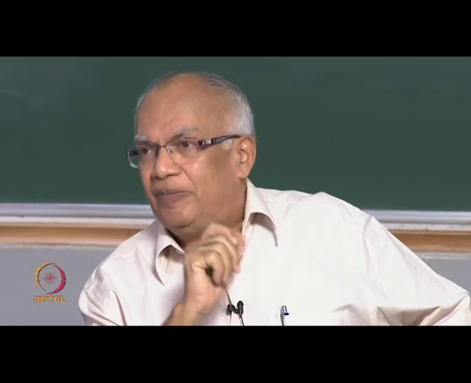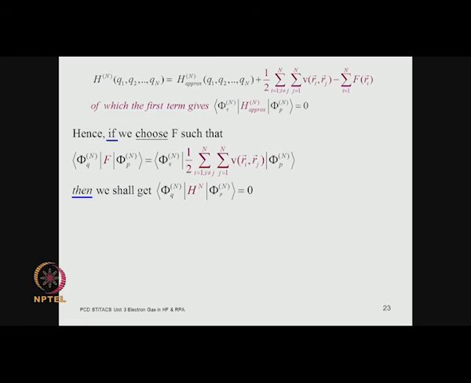Here is the suggestion, that if F is so chosen that the matrix element of the third term is exactly equal to the matrix element of the fourth term, given the fact that the third term comes with a plus sign and the fourth term comes with a minus sign, then these two will cancel each other and you will get the matrix element of the n electron Hamiltonian in the qth and the pth state to vanish, because the first term, which is the approximate Hamiltonian that we have already seen, gives you a vanishing matrix element.